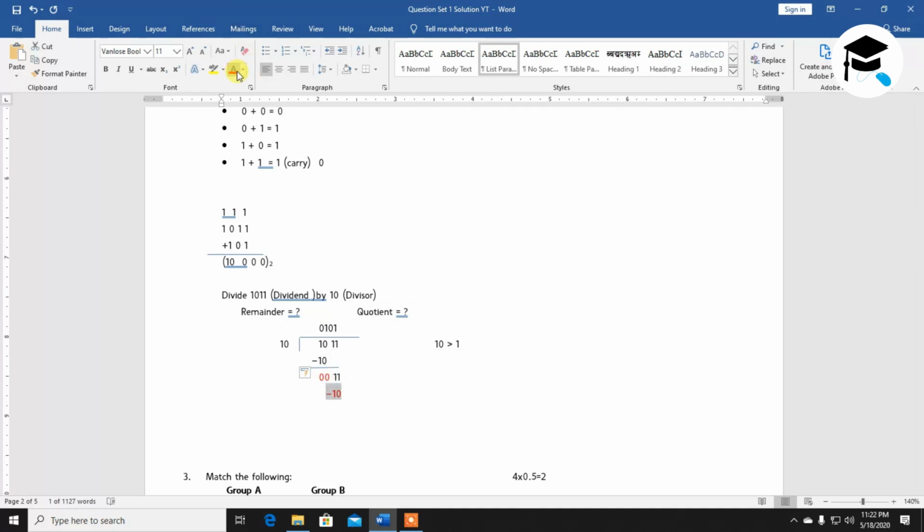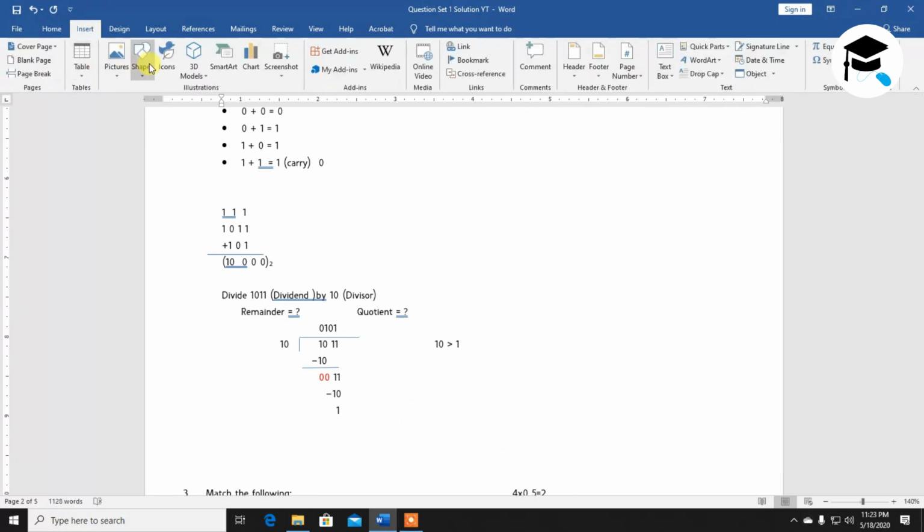Sorry for the color, let me make it black so that you can understand. See here, now when we write 1, 0 into 1, it's 1, 0. 1, 0 multiplied by 1, it's 1, 0. And what will be the result after subtraction? After subtraction, it will be 1. I hope you have understood this.